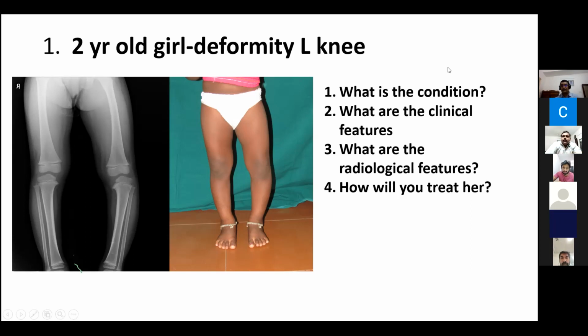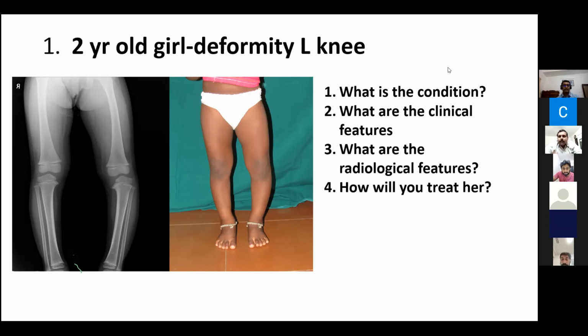Karthik? Yes, sir. It's infantile Blount, sir, of the left knee. Since the patient is less than 3 years, it is infantile Blount. There will be varus centered at the knee.